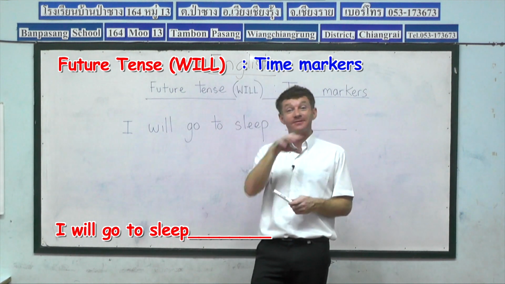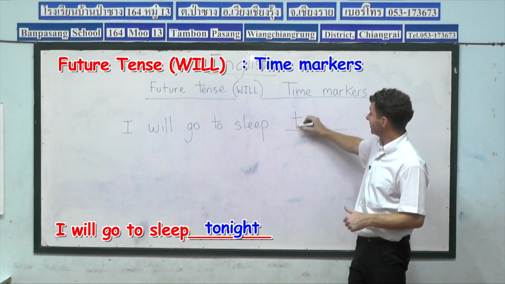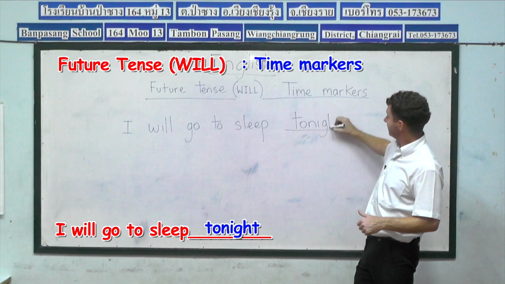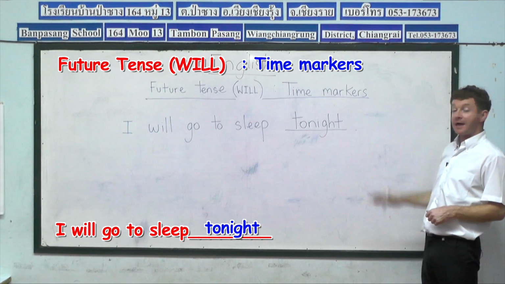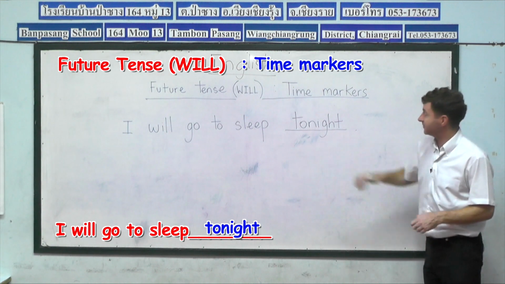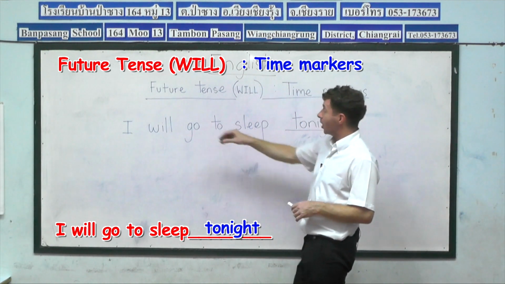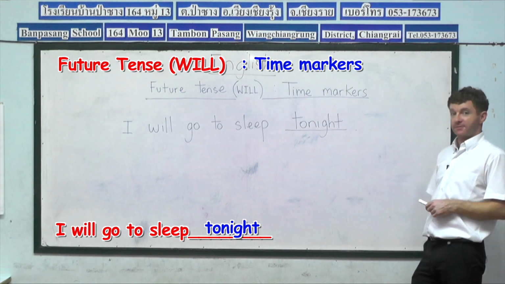So we can complete the sentence with a time marker, tonight. You see how it makes the sentence more time specific. So all together, guys, I will go to sleep tonight.